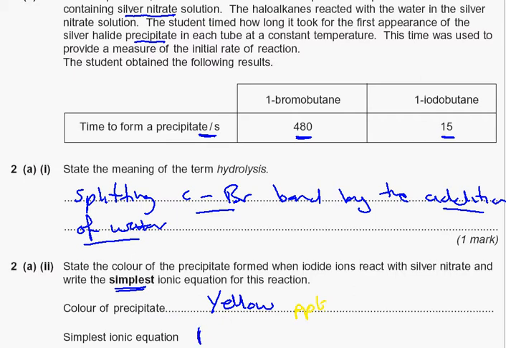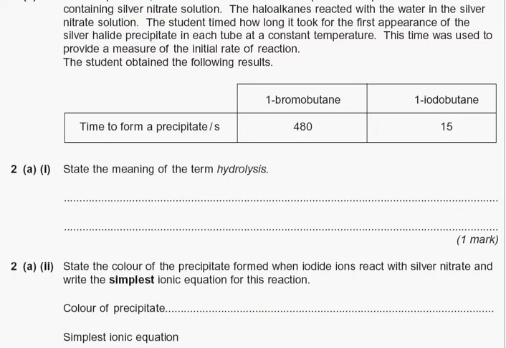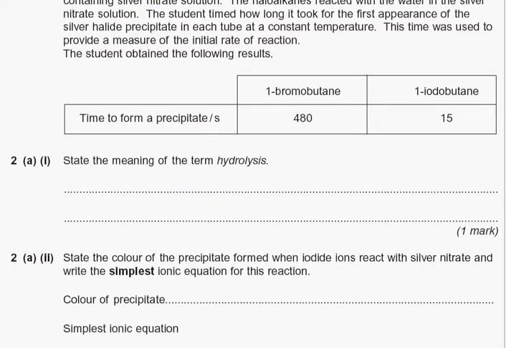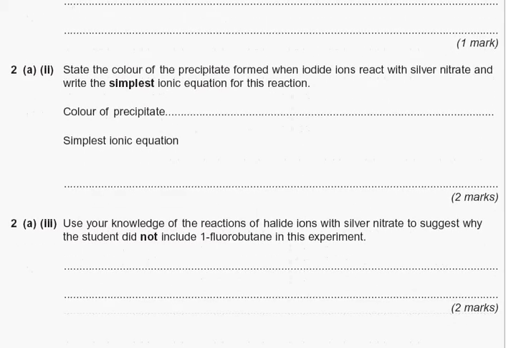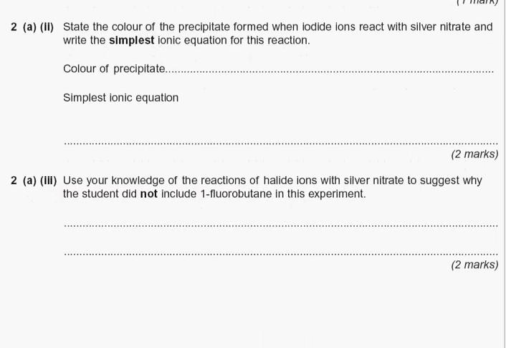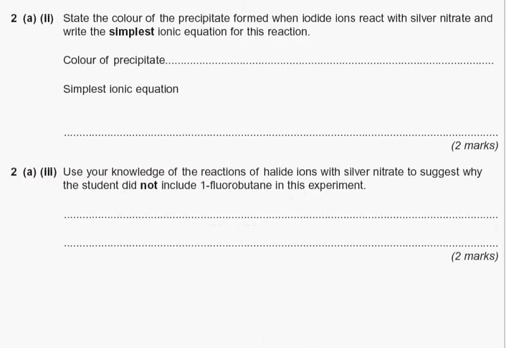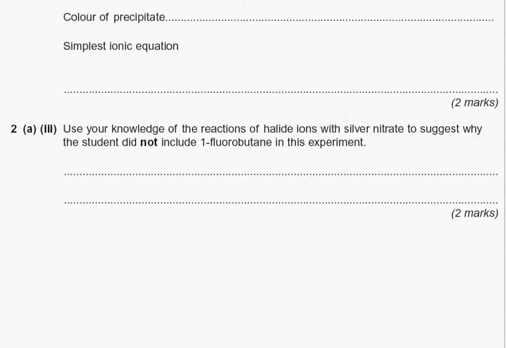So I've got silver, Ag+, plus an iodide ion, I-, which goes off to form silver iodide, and I can't get any simpler than that. Believe it or not, that's all they wanted. That was 2 marks, one for saying yellow precipitate and one for the ionic equation.